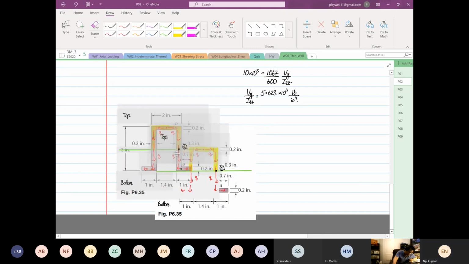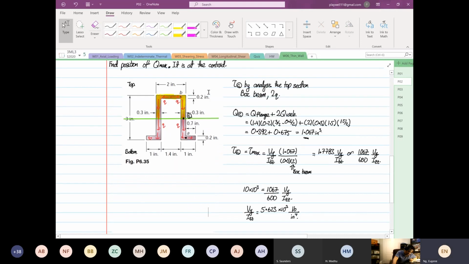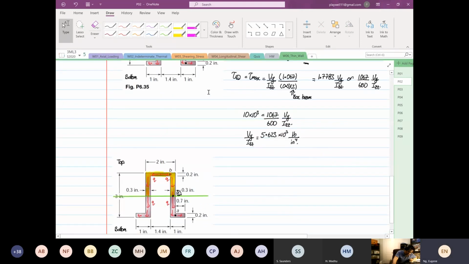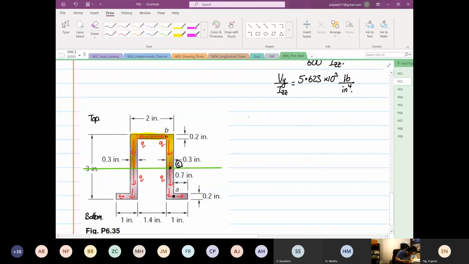So we're going to analyze stress at C from the bottom.